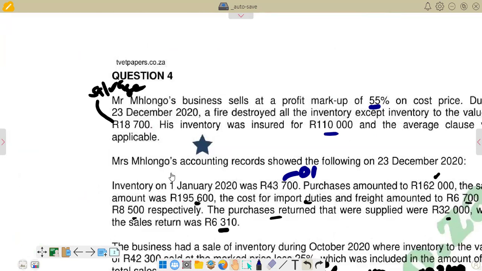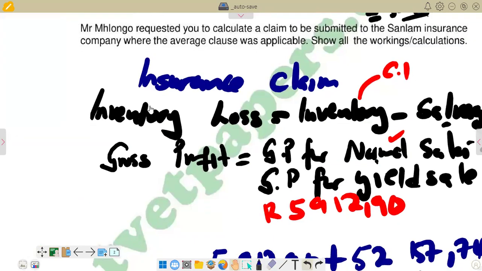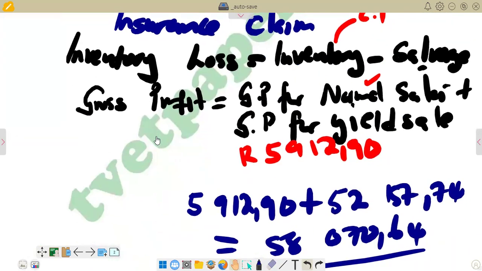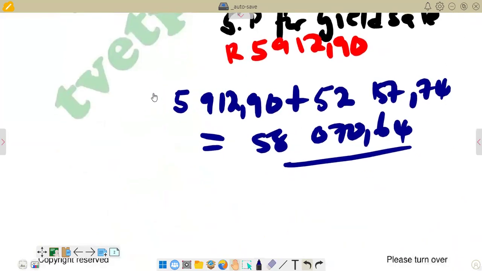So we are taking the figure for our closing inventory, and then we subtract salvage.